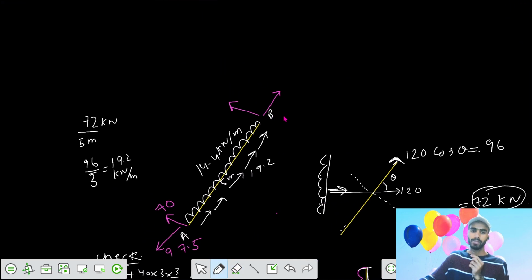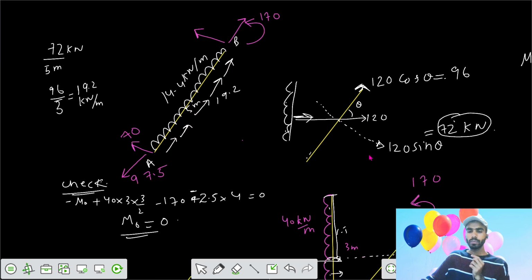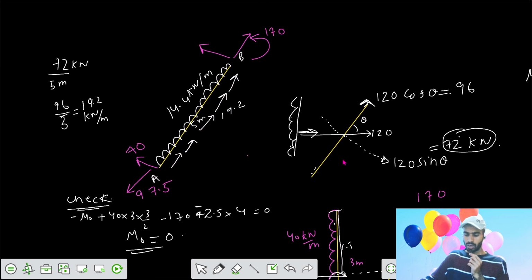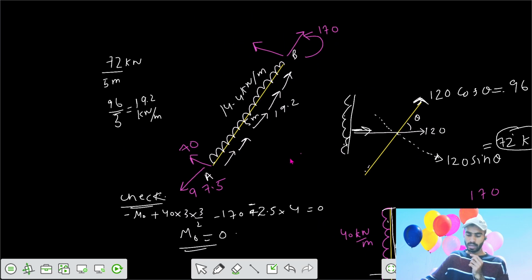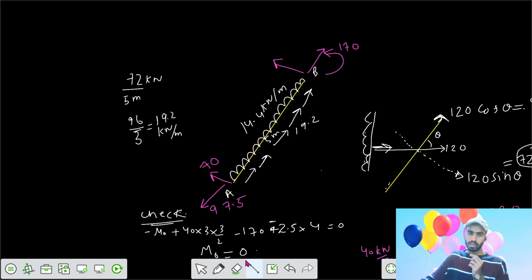If we want to calculate the effect, take the summation of forces in member AB perpendicular to it, that's your shear forces, equals 0.